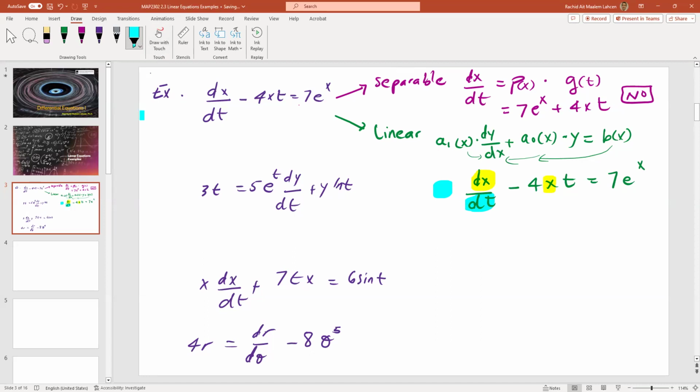But here I also have t, and here I have 7 to the x, which needs to not be there.